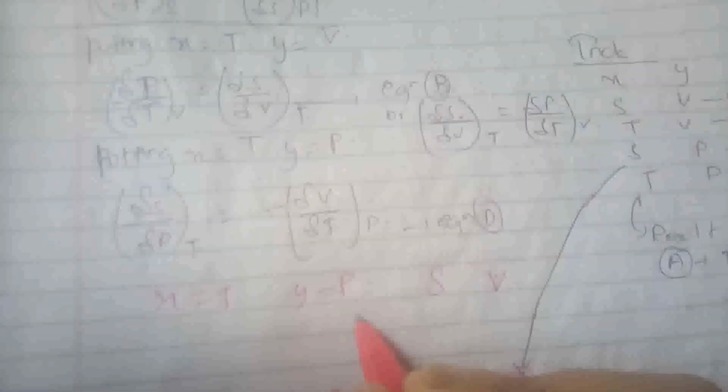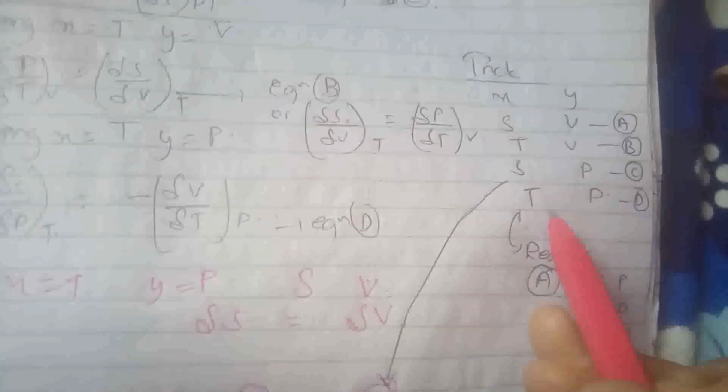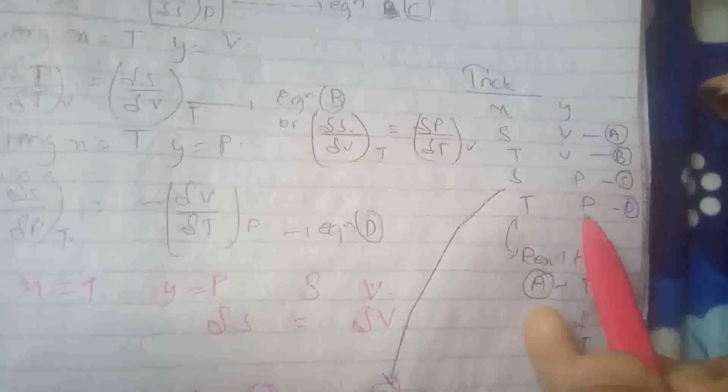So first of all, we have to write del s, and on the other side of the equals sign is del v, because we are doing it for the last equation. So there will be a minus sign in front of del v. So we have written del s equals minus del v.